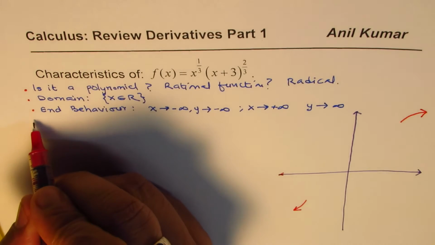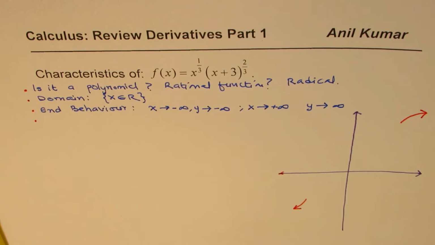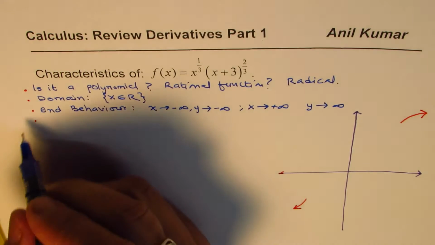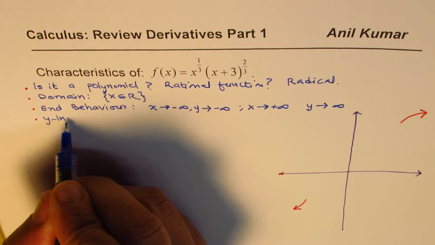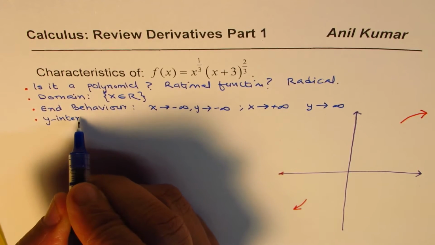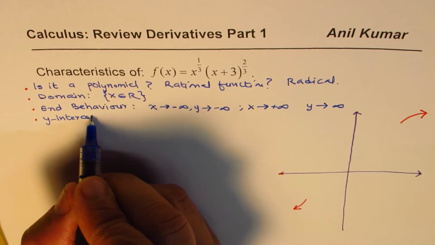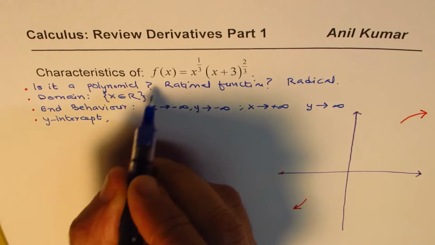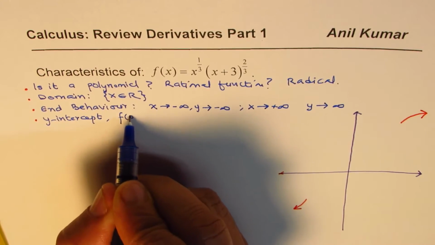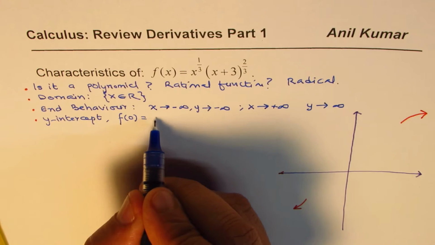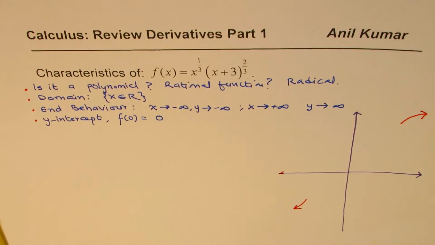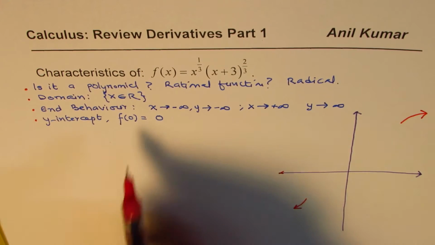Okay. Now what else? Let's find the y-intercept for the function. The y-intercept is the point where the curve of the graph crosses the y-axis. So we can say, what is f of 0? If I substitute 0 here, I get 0. So the y-intercept is 0.